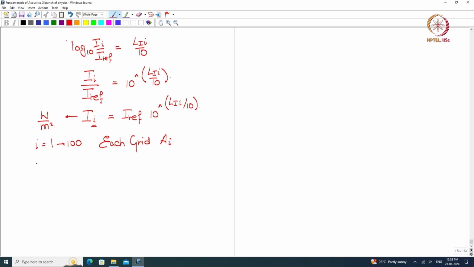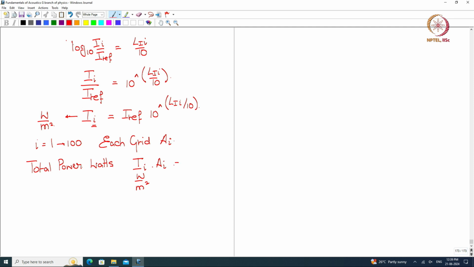Then the total power in watts is the intensity from each of the grids in watts per meter square into the area in meter square.